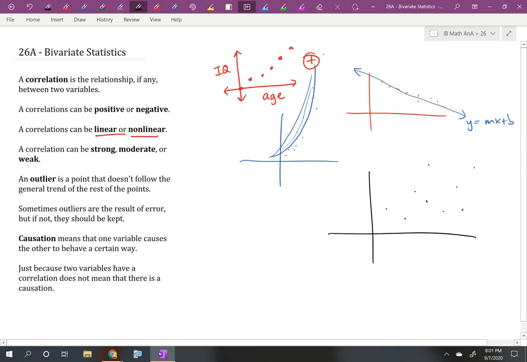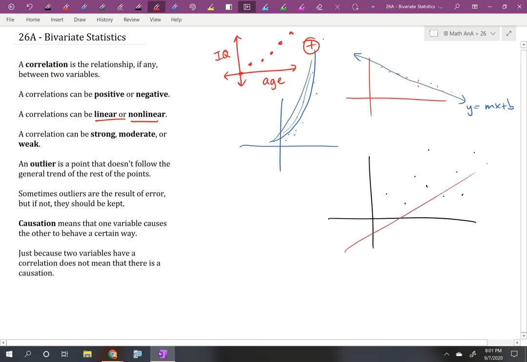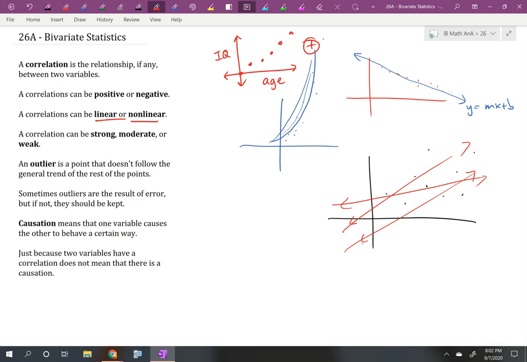And you're like, oh, I'm not 100% sure. The line could go through here, but it's not the best line. In fact, maybe the line should have been more like this, or maybe somebody's like, no, it's like this. So you could have scattery points where a line might not fit that well, and that would be a weak correlation.